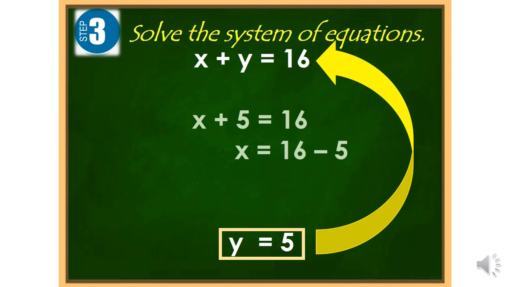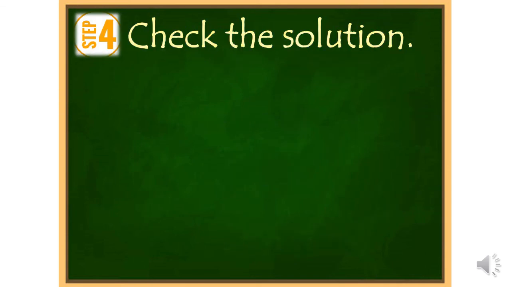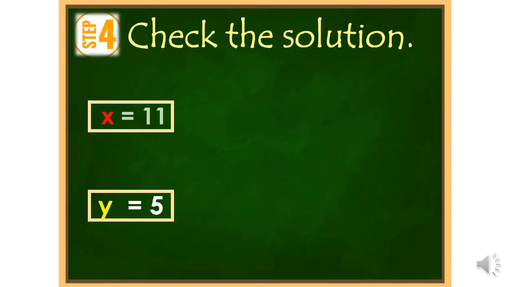We have the constant terms 16 and 5 to be combined together. Therefore, we have x equals 16 minus 5. And x now becomes 11. So the value of our x is 11. Again, the value of our x is 11 and y is 5.